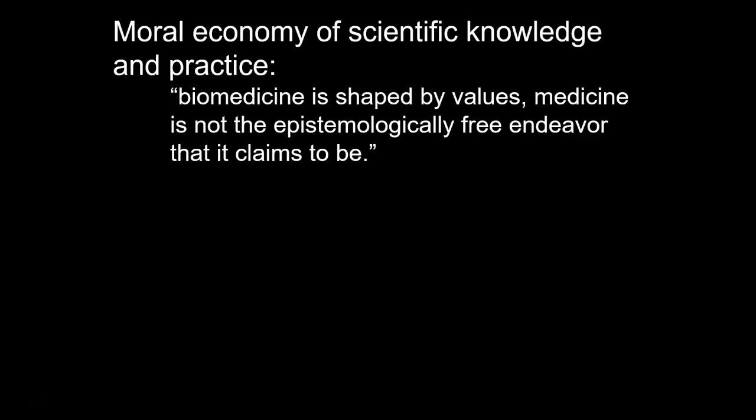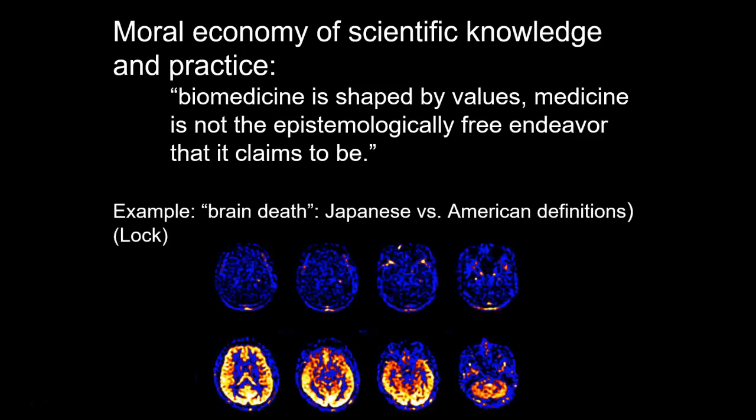An example of this, which we'll actually also read about later in the semester, when we read about death from the perspective of cultural anthropology, is Locke's work on the concept of brain death.